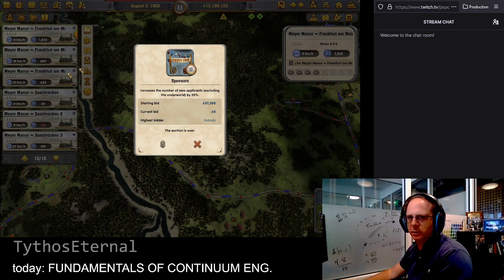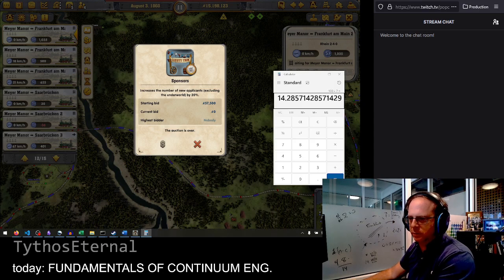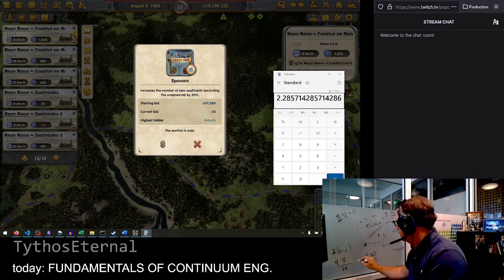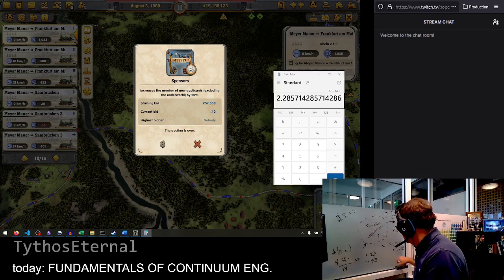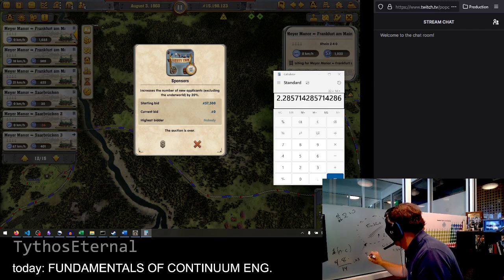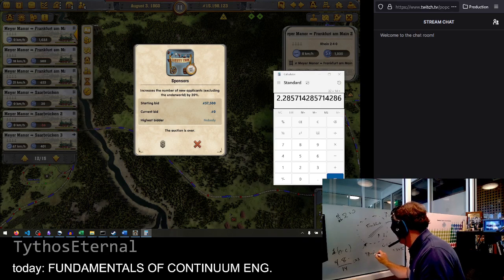Am I doing this correctly? I might not be doing this correctly. Let's make sure. This is about 2.3. And now let's make sure the units work out. So 4 trains. Always start with your scalar units.